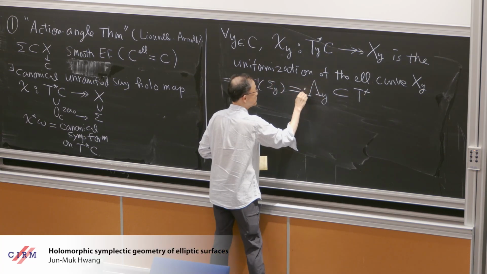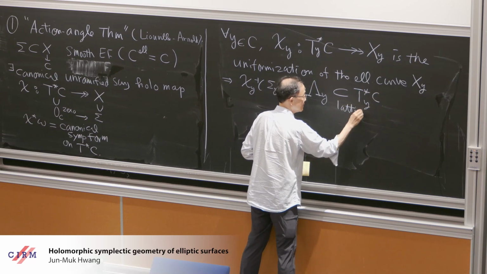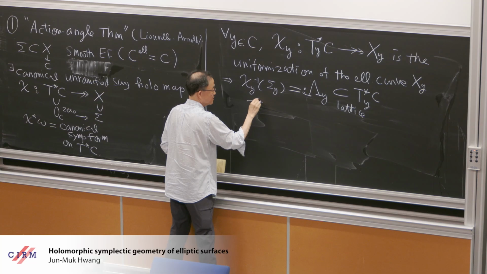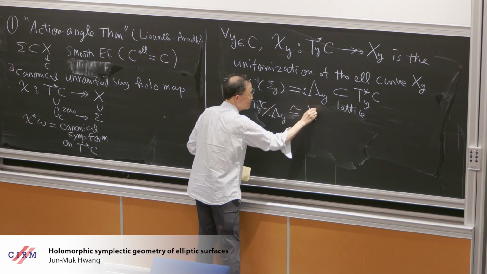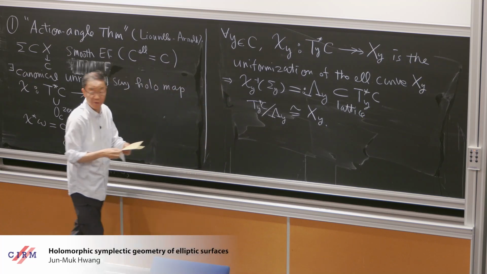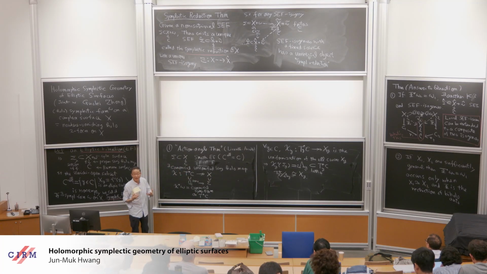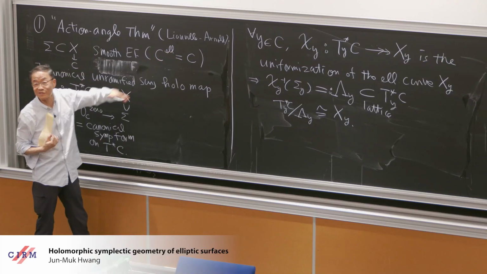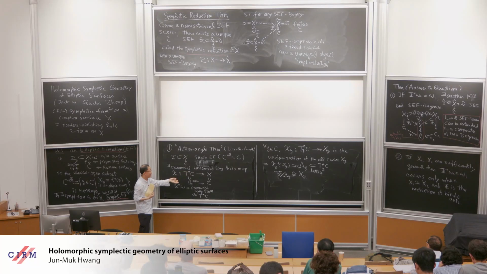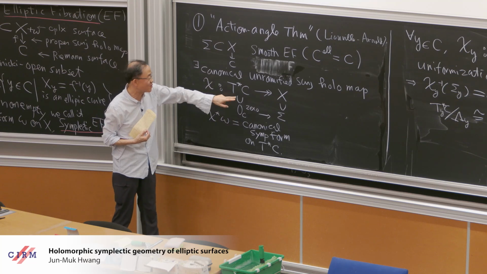So this is the definition of this lambda, a lattice, such that if you take this quotient, it is isomorphic to the elliptic curve y. This is the theorem. It's actually not too difficult to prove now, but perhaps when it was first observed, it was an extremely intricate result. But now, if you know the statement, you can prove it. Actually, this map, there's an obvious such map.